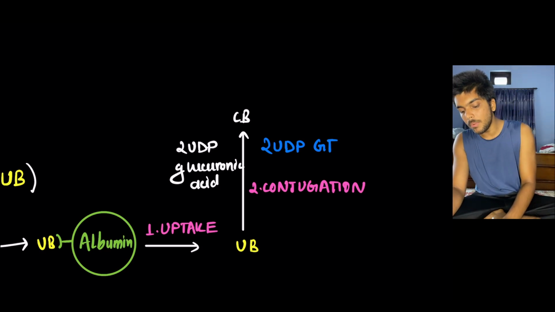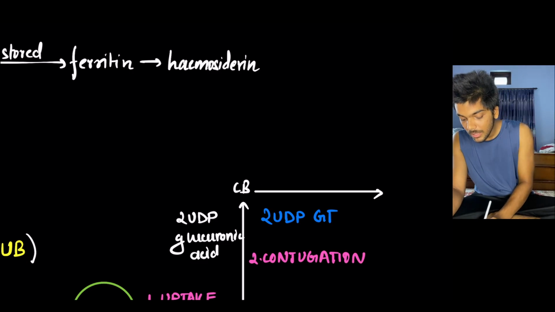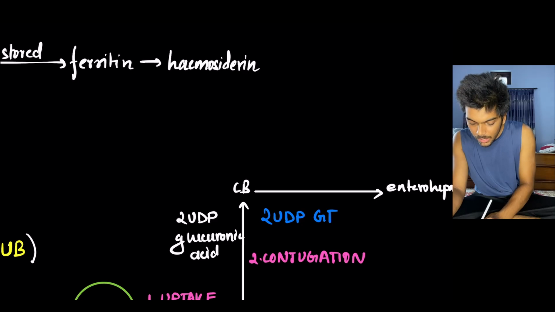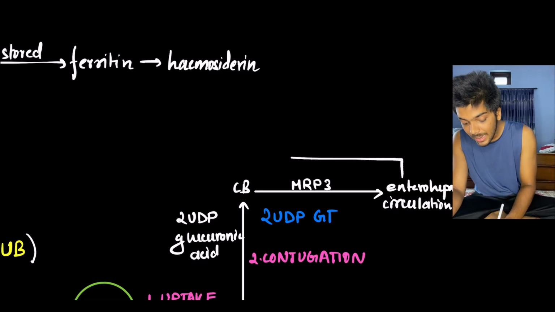Now this conjugated bilirubin has two fates. One, it can enter into the enterohepatic circulation. Via what? Via multi-drug resistant protein 3. But then it returns back as well.